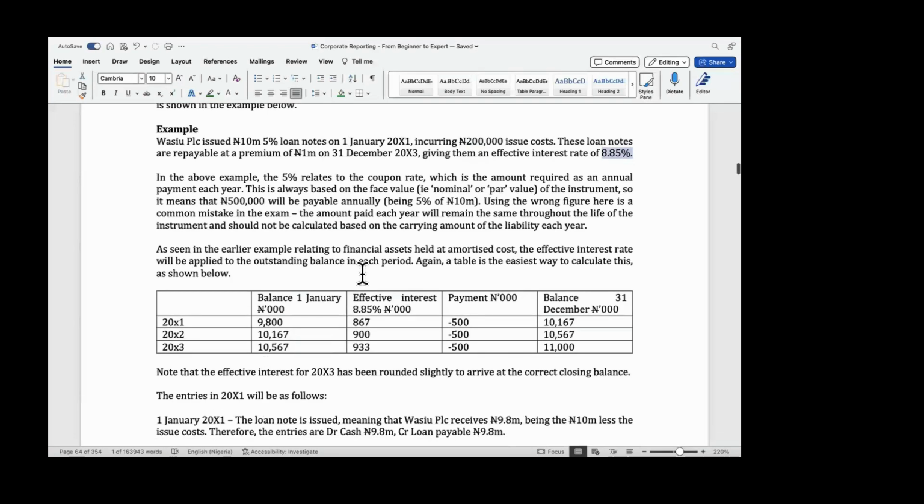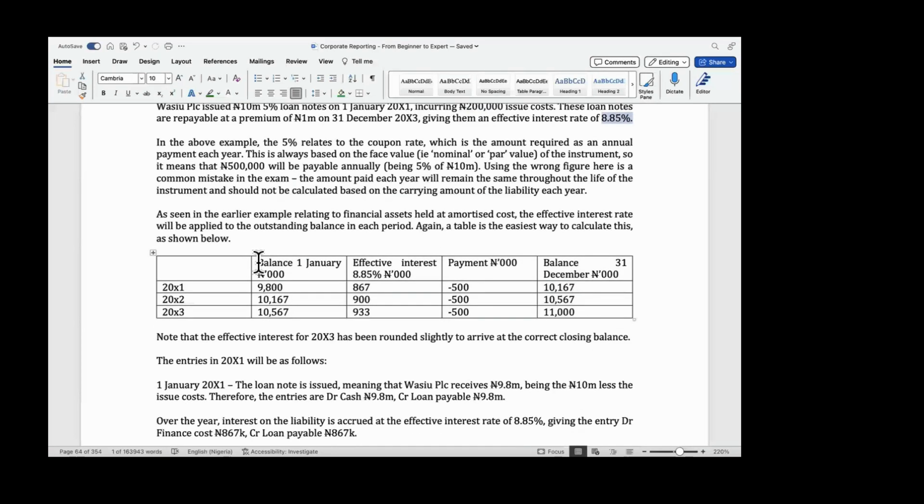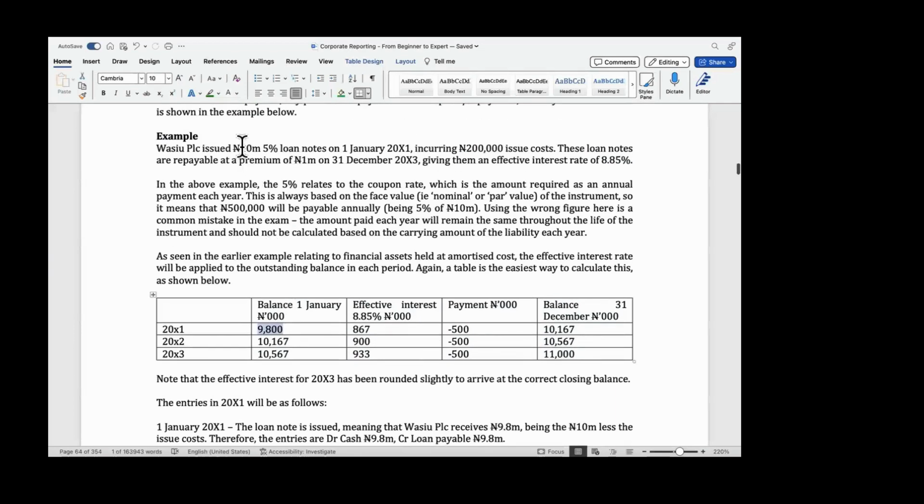And to show that, similar to what we have done earlier, we are going to recognize this using an amortization schedule. In the first year, we recognize the net proceeds, which is the amount he borrowed minus the issue costs, given to probably a stockbroker or a professional to help raise the money. So 9,800. The effective interest rate is 8.85% on the 9,800.